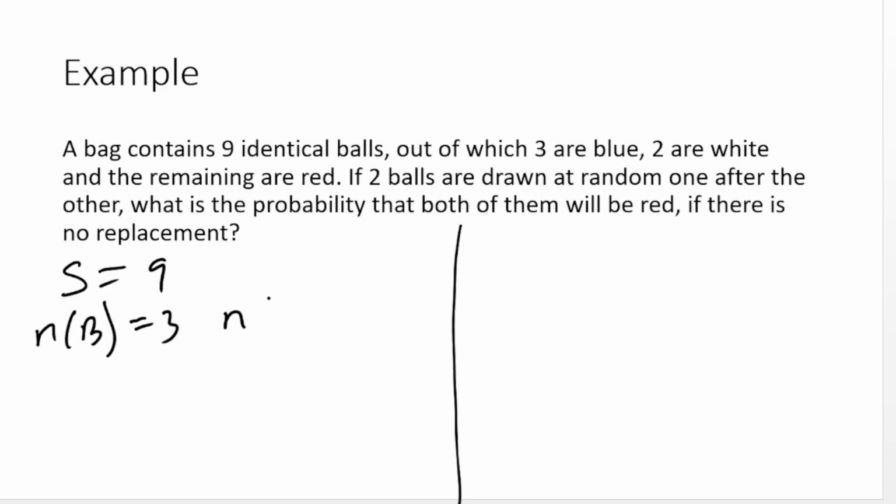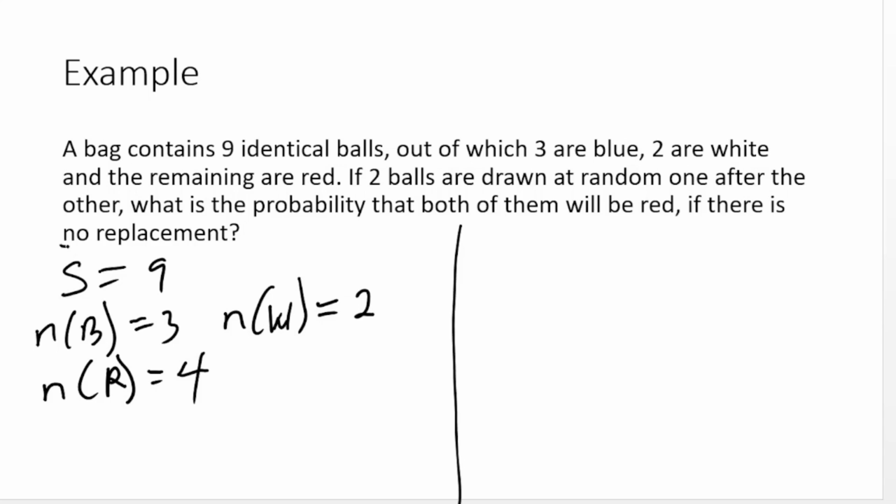Number of white is 2. And the number of red? Which is the remaining one? So 3 plus 2 gives 5. 9 minus 5 gives what? 4. That is 4. So if 2 balls are drawn at random, one after the other, what is the probability that both of them will be red if there is no replacement.